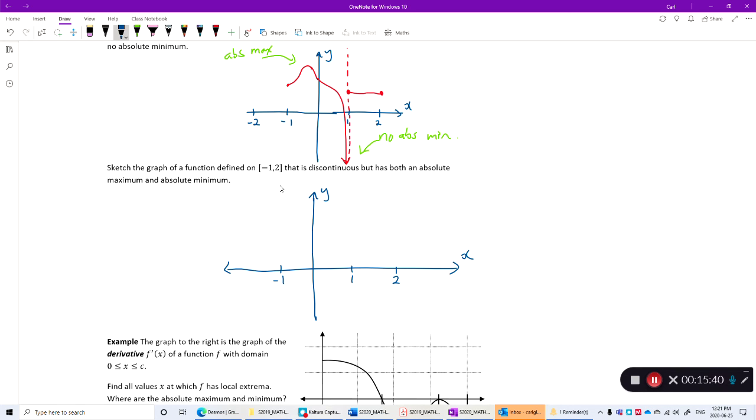Well, that's not so hard to arrange. I can make it have a max there, and then let's say it has a jump, and then let's say it has an absolute minimum right there. So there's the absolute max, which is also a local max.